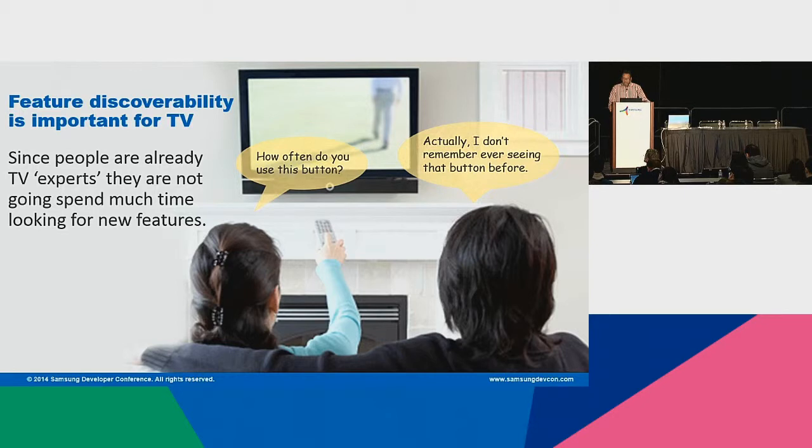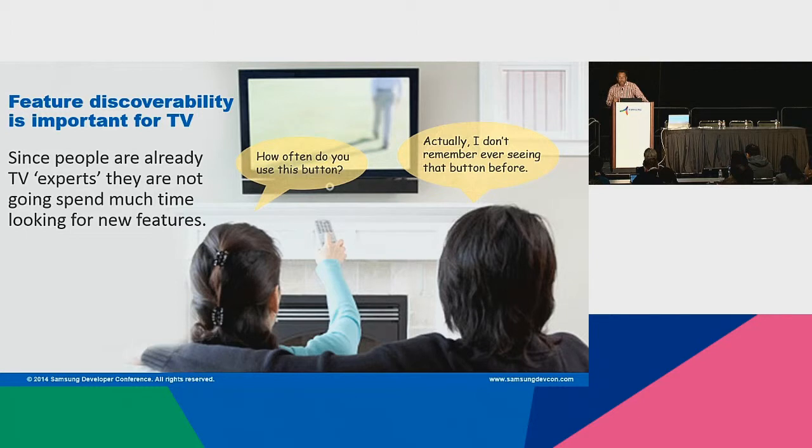So, discoverability. A discoverable feature is one that people will find naturally during normal use of the TV. Since people are TV experts, most people don't study up on how to change the volume of their TV or how to change channels. People are used to just doing it, and so they do it.